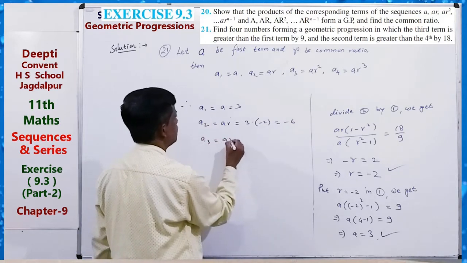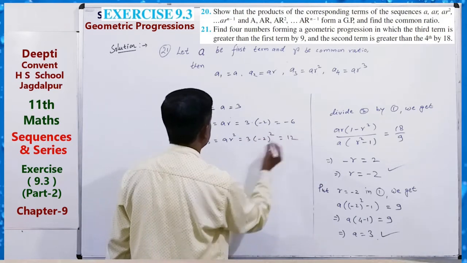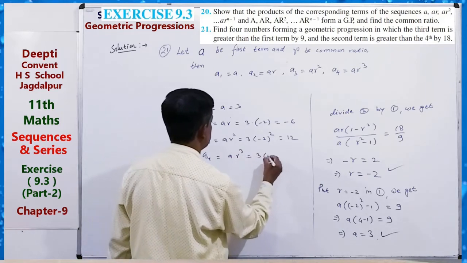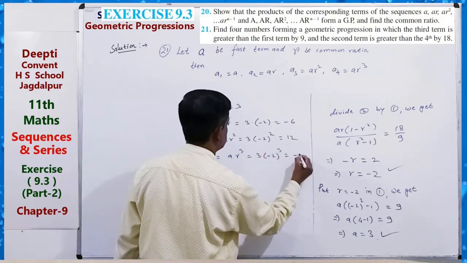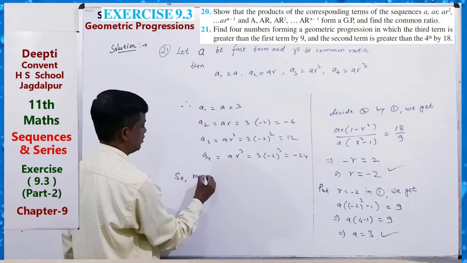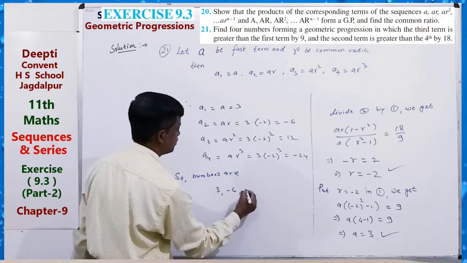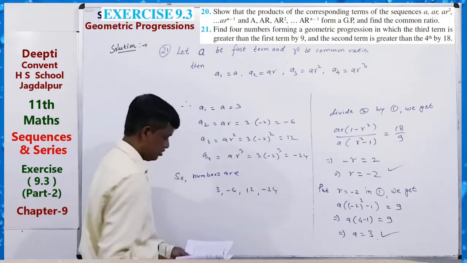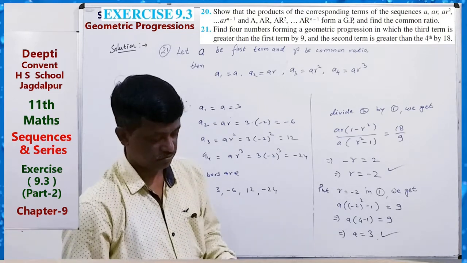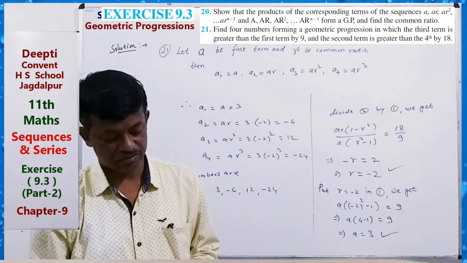A3 equals AR square, 3 into (minus 2) square, 12, and A4 equals A R cube, 3 into (minus 2) cube, minus 24. So the numbers are 3, minus 6, 12, minus 24. This type of question you can solve very easily.